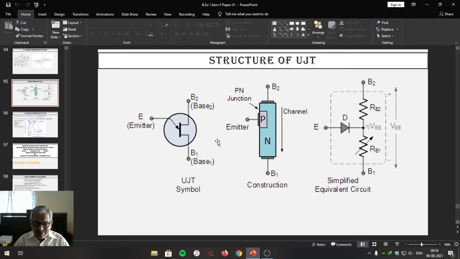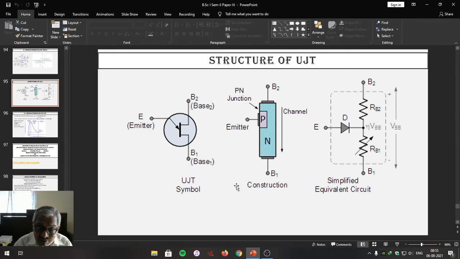Remember the circuit symbols of PN junction diode, Zener diode, varactor diode, tunnel diode, light emitting diode, photodiode, PNP transistor, NPN transistor, N channel FET, P channel FET, N channel D MOSFET, P channel D MOSFET, N channel E MOSFET, P channel E MOSFET, and also SCR, DIAC, TRIAC, and now the UJT.